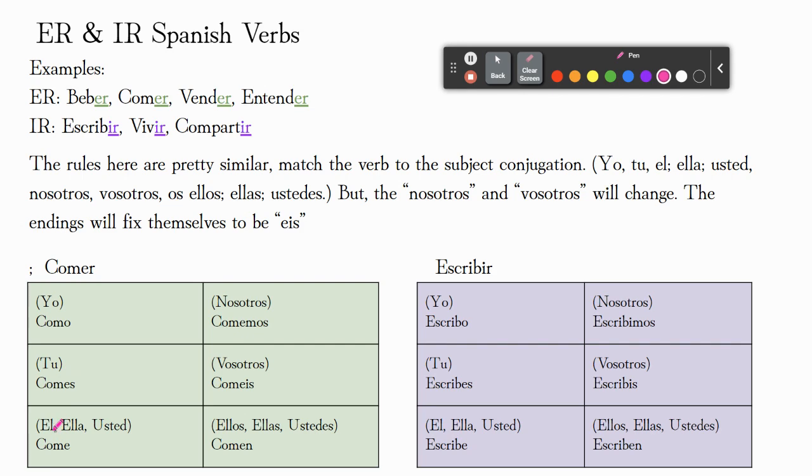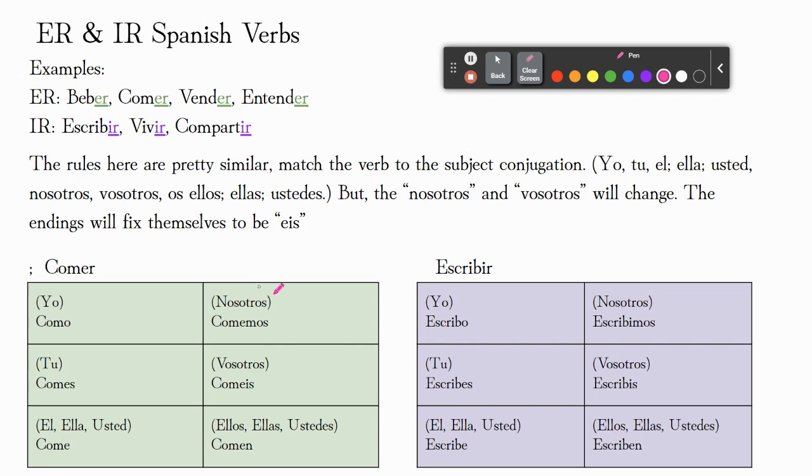And then we have the él, ella, usted form, which is come, which just ends in a regular E. It's the same thing for escribir, it ends in regular E. So comer is come, él come, escribir is escribe, él escribe. Same thing for all these. Vende, entiende, escribe, vive, comparte.